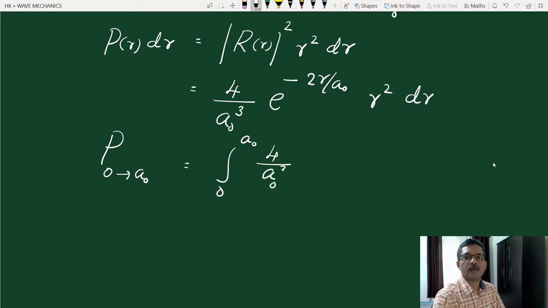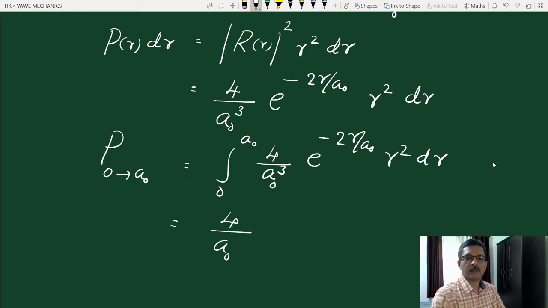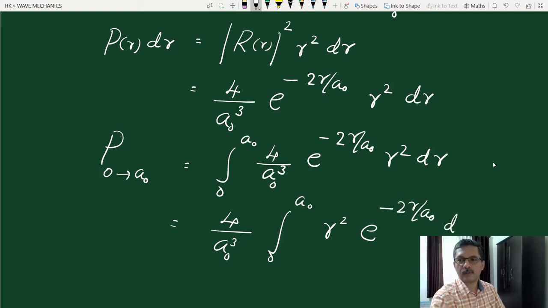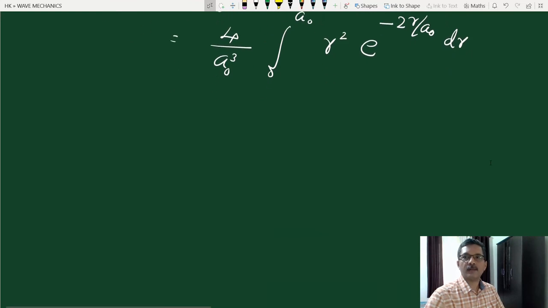So 4 by A0 cube. Let us take the constant terms outside. So 4 by A0 cube integral r square e raised to minus 2r by A0 dr. So let us do a change of variable here.